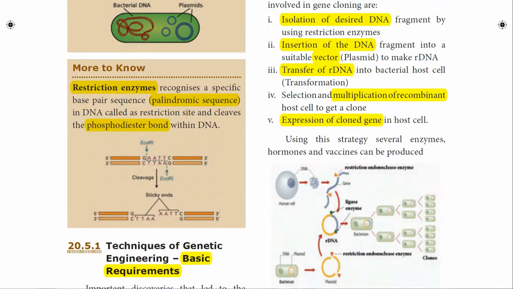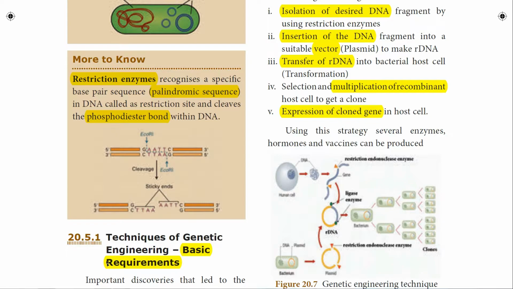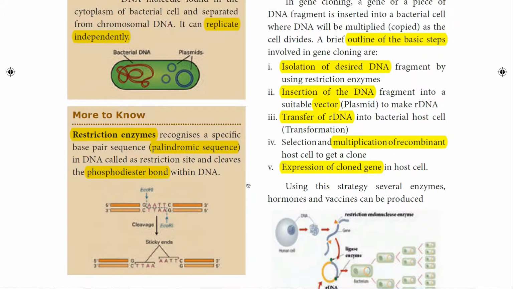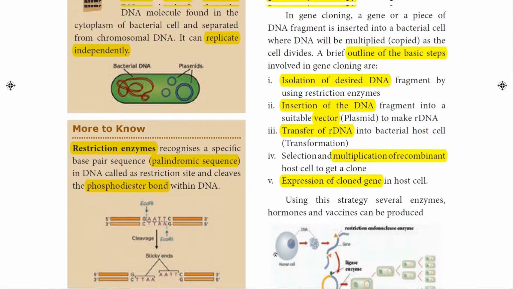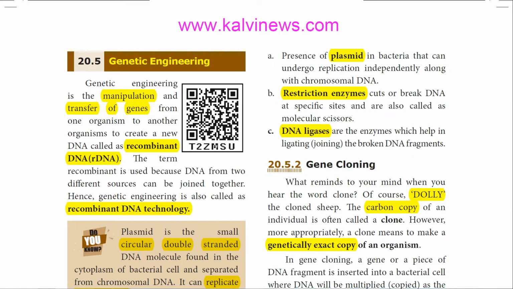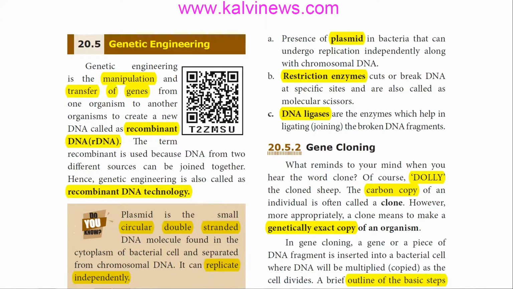So for the techniques of genetic engineering, what are the basic requirements? Already we have learned about two. If these are present, only then will we be able to do genetic engineering. We need three things. The first one is the plasmid.